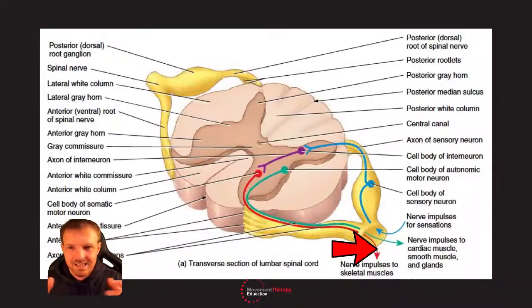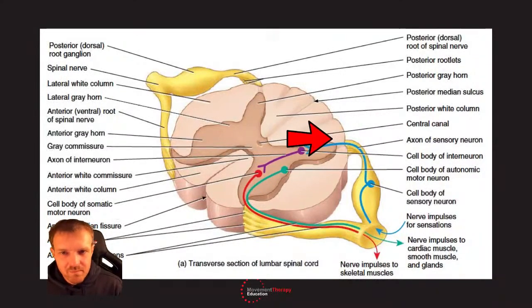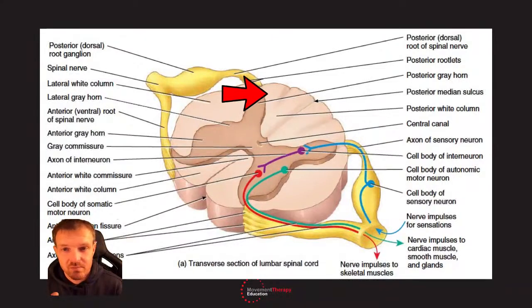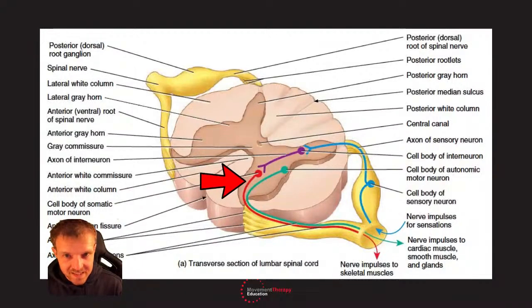So that is a classic kind of reflex action. It's not as simple as that. There are some other things going on as well. You will also get a message sent to the brain to let your brain know what's going on. And there are all sorts of weird and wonderful things that can happen if there is a problem with your brain or your spinal cord. But we'll go simple for now.